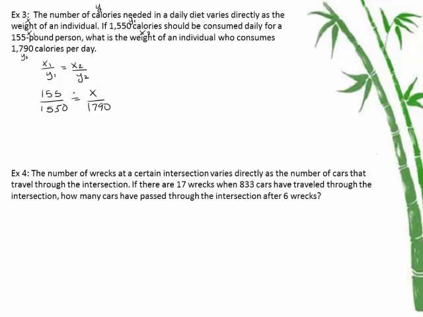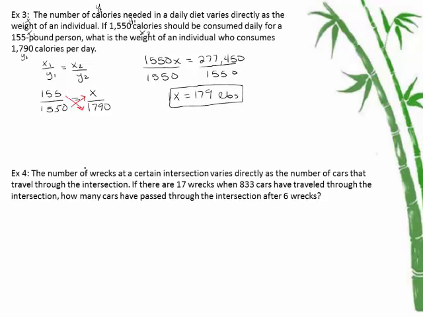And again, cross multiply. And I get 1,550x is equal to 277,450. Divide both sides by 1,550. And x is equal to 179 pounds.